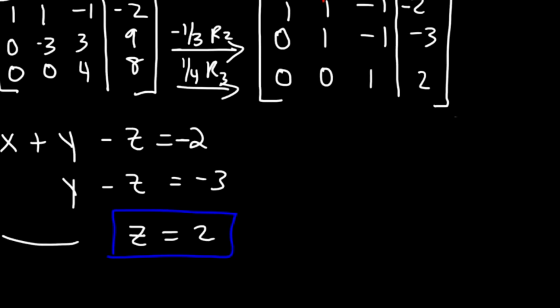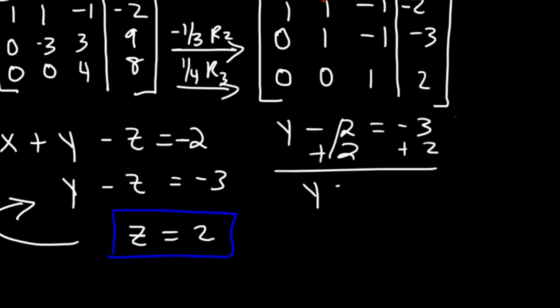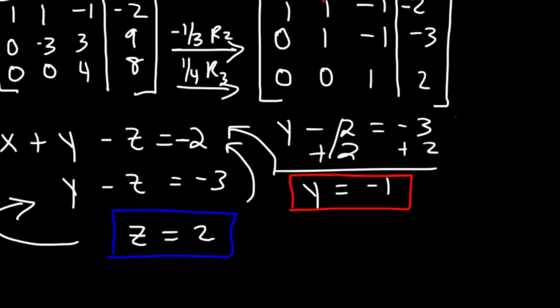So now that we have z, let's plug it into the second equation to get y. So y minus z, or y minus 2, is equal to negative 3. Now let's add 2 to both sides. So negative 3 plus 2 is negative 1. Therefore, y is equal to negative 1. Now let's take y and z and plug them into the first equation.